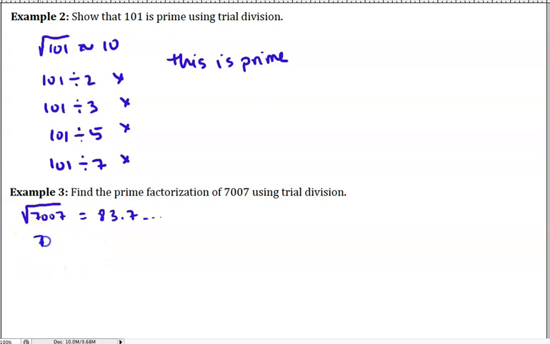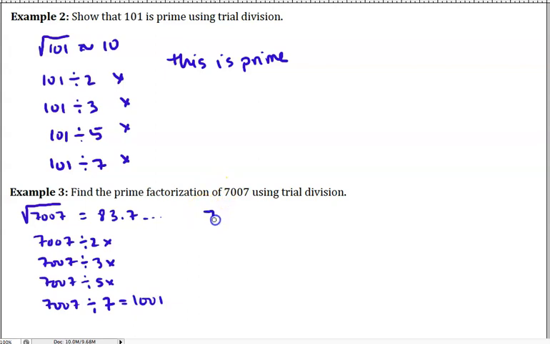It doesn't divide by 2. It doesn't divide by 3. It doesn't divide by 5. But it probably divides by 7. So 7007 divided by 7 gives me 1001. So 7007 is 7 times 1001.